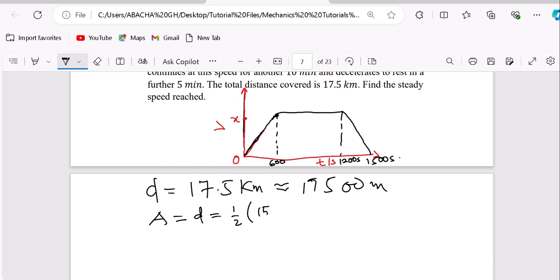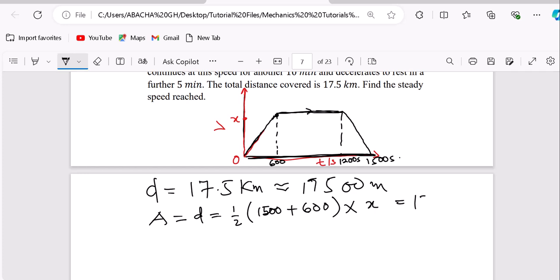So 1500 plus 600. This is one parallel side, and this is the other parallel side. Here is 1500, and here is 600. Times the height, which is our x. This should give us the total distance.